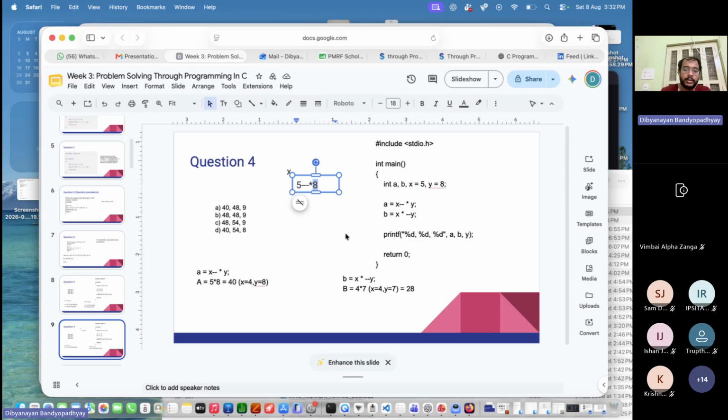So like that you perform the operation. Because it is a post-decrement operator, this has lower precedence than the multiplication, right? So it will not pop up, and the value will be 5 into 8 instead of 4 into 8. But suppose this is the pre-decrement case, then the value of 5 will be encountered.